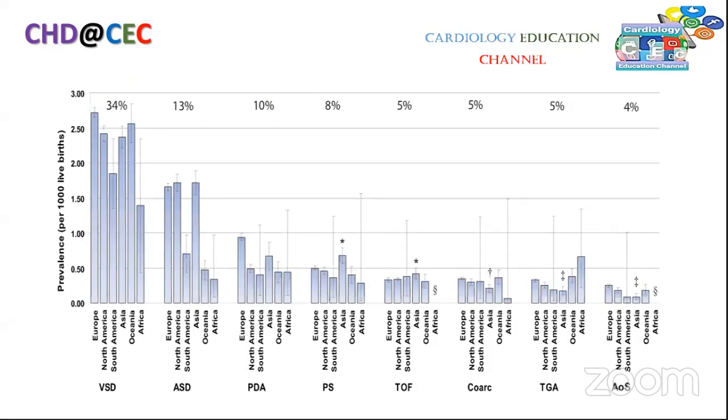Despite that, every congenital heart disease has a low prevalence per 1,000 live births, but these diseases are more common than you think. And unlike the concept of most of us, VSDs have the highest prevalence among congenital heart disease cases.